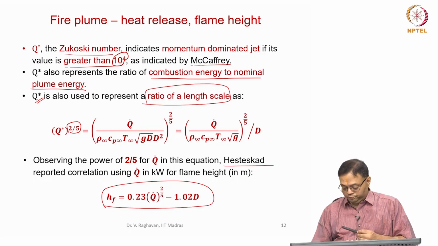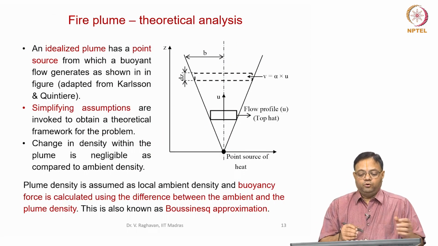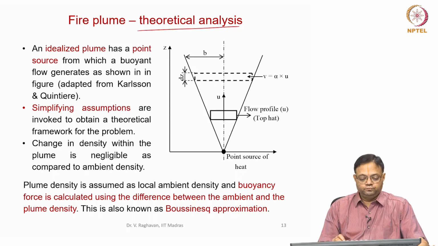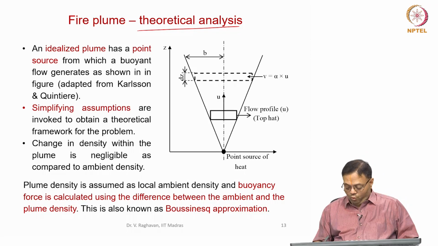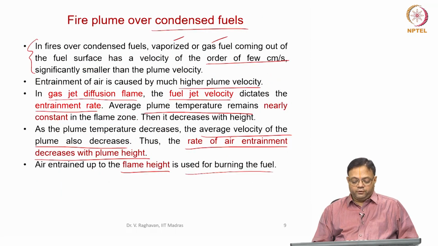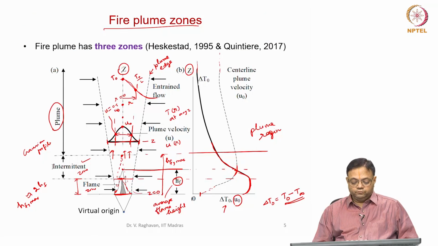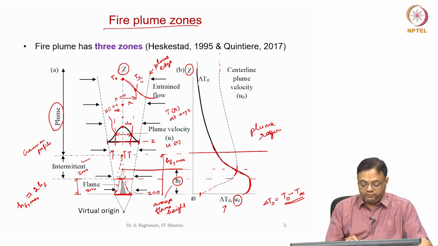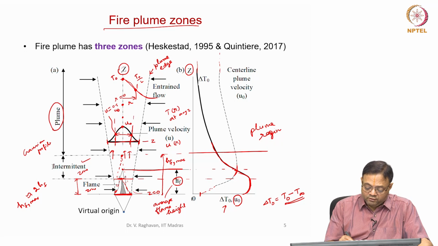Okay, so now let us go for the theoretical analysis of a plume. Going back to the schematic here, this is the base of the fire, that is the source: a condensed fuel surface, solid surface or liquid fuel surface. Now, when I extend the plume edge, I get a virtual origin.